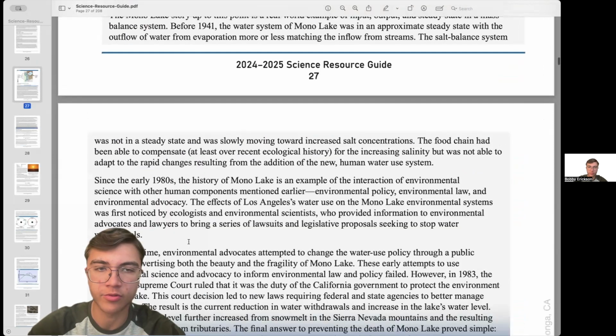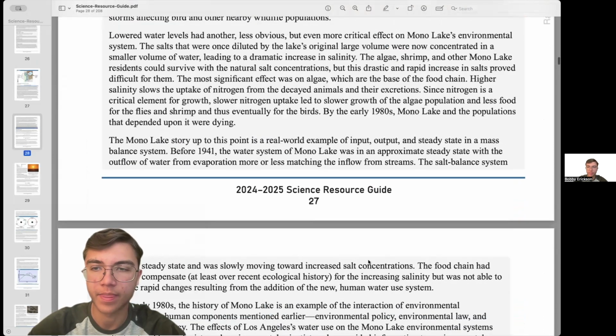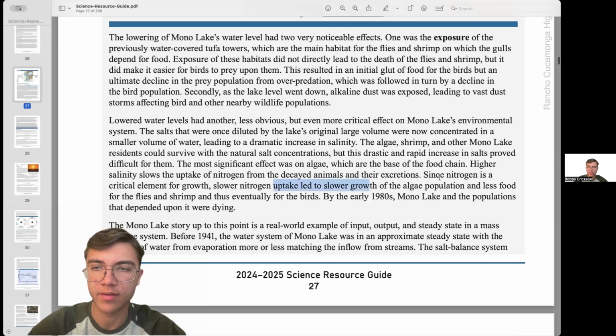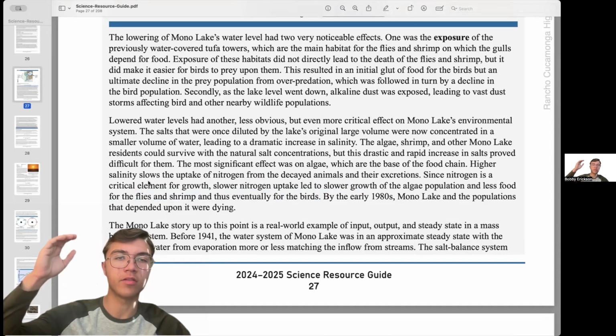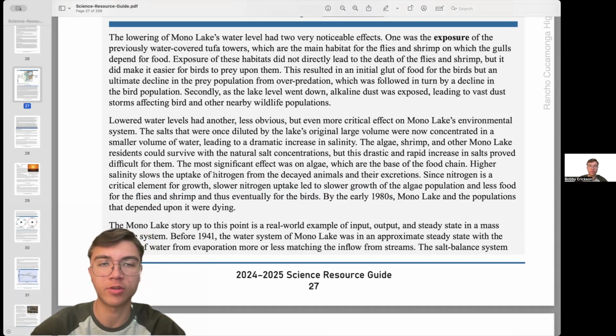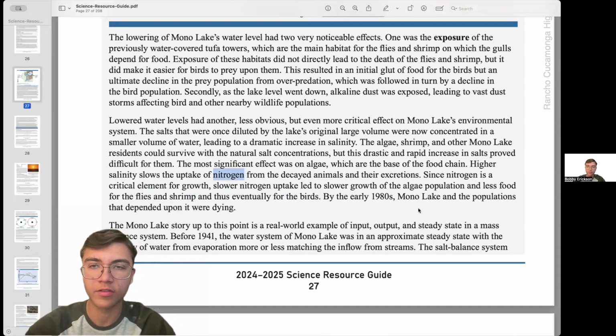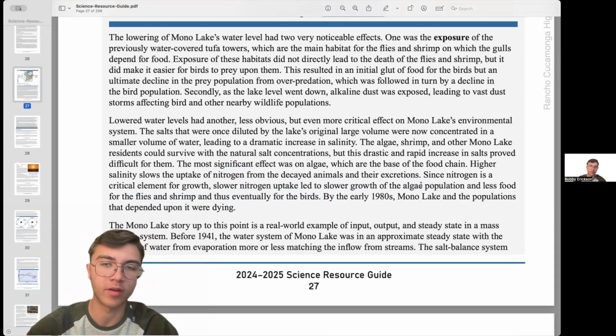So it's the opposite of eutrophication. And so then the flies and shrimp were less because they were feeding on less algae, because the algae could take up nitrogen less in relation to salinity. So greater salinity means slower uptake of nitrogen, which can slow the growth of algae population, which means less food for other organisms.